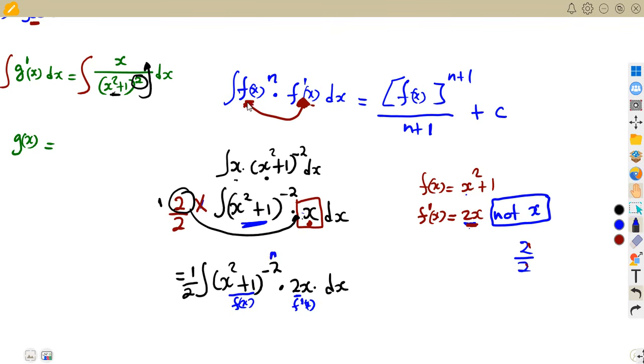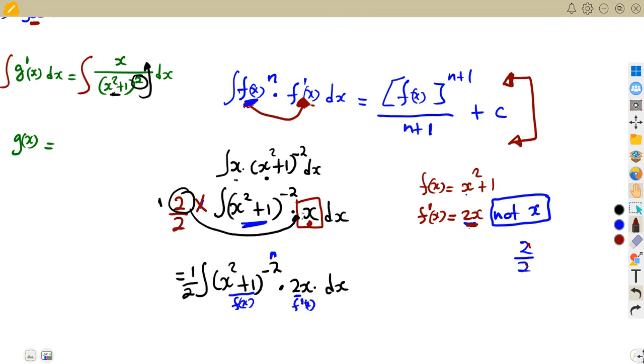So they are saying f of x to the exponent of n times its first derivative. Whenever you are integrating such a condition, your answer is going to be f of x to the exponent of n plus 1. So you don't even care what is going to happen inside this integral. This is the rule that you are supposed to know.